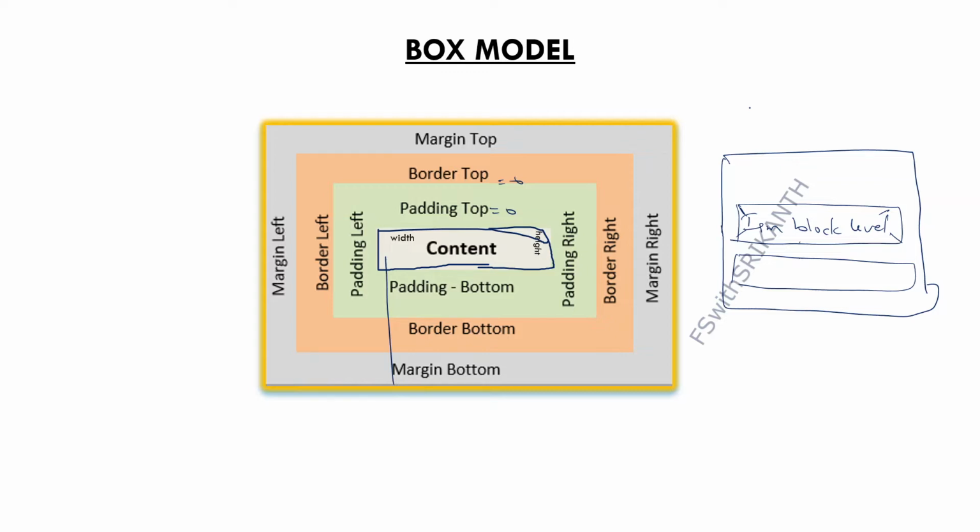How can we represent this margin? Every tag has 4 values of margin: margin left, margin top, margin bottom, and margin right. Margin can be given in 4 ways. Suppose I give margin equal to 4 pixels. That one value applies to margin left, top, bottom, and right.